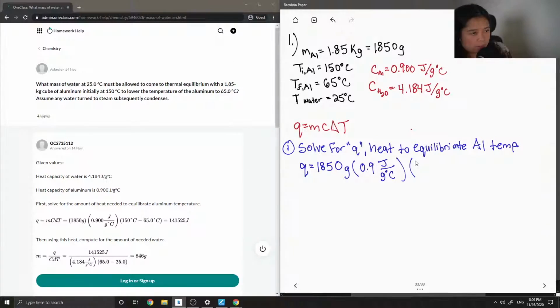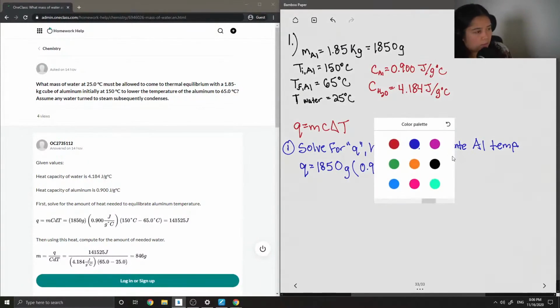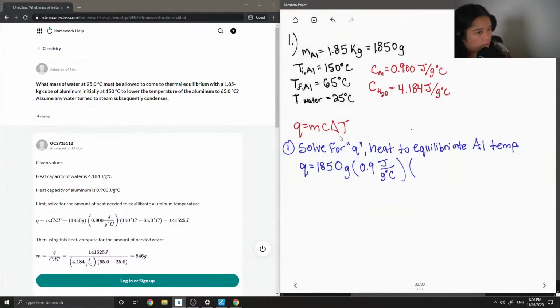So it will be negative 65 degrees minus 150 degrees.